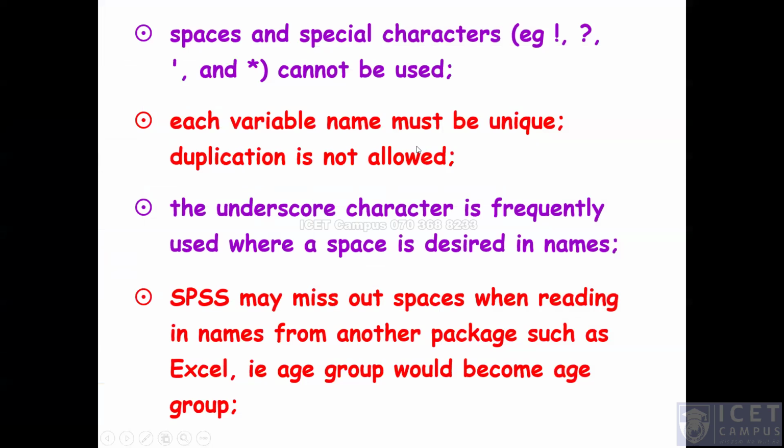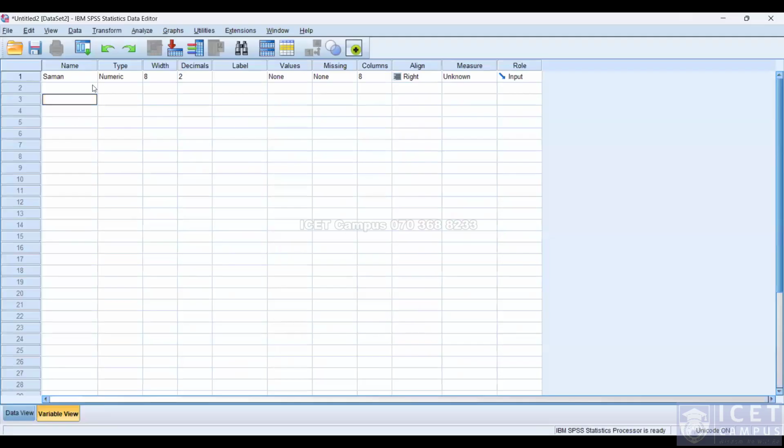The underscore character is frequently used where a space is needed in names. Why are we using this underscore? To represent the spaces. Here we can type someone, then an underscore, for the space. Then it is accepted.